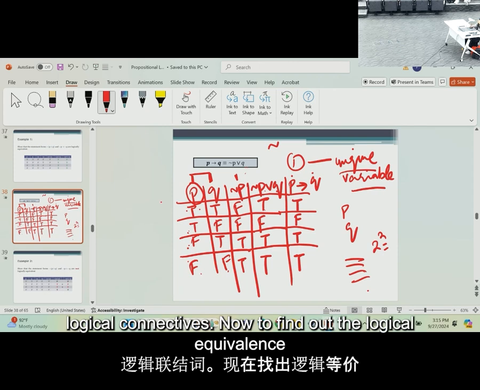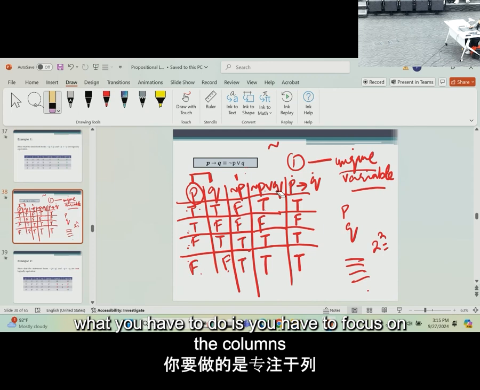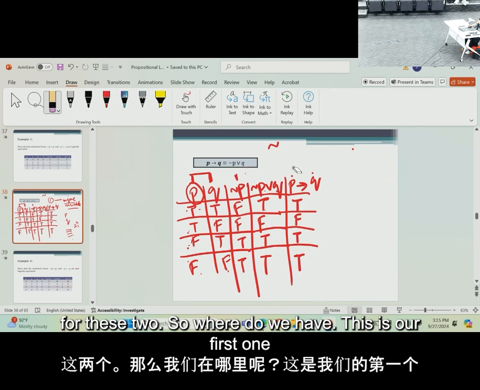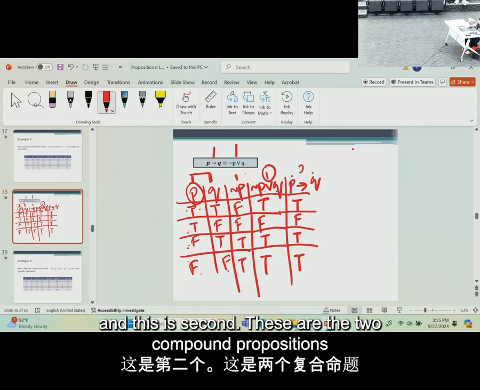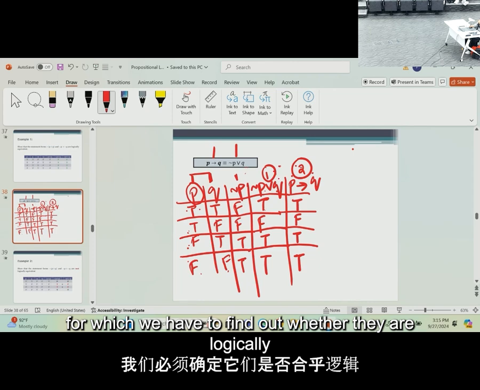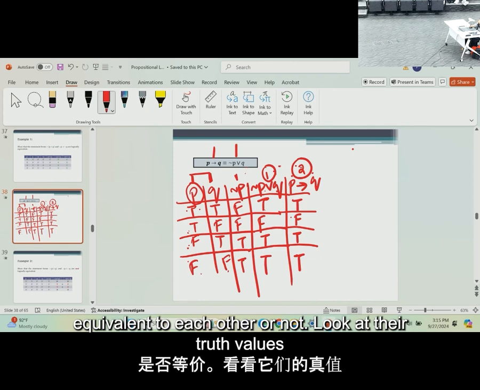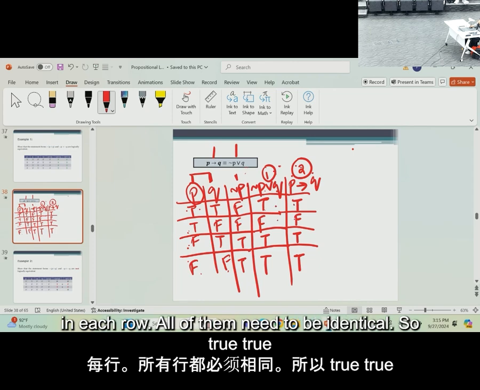Now to find out the logical equivalence, you have to focus on the columns for these two. This is our first one and this is second. These are the two compound propositions for which we have to find out whether they are logically equivalent to each other or not. Look at their truth values in each row.